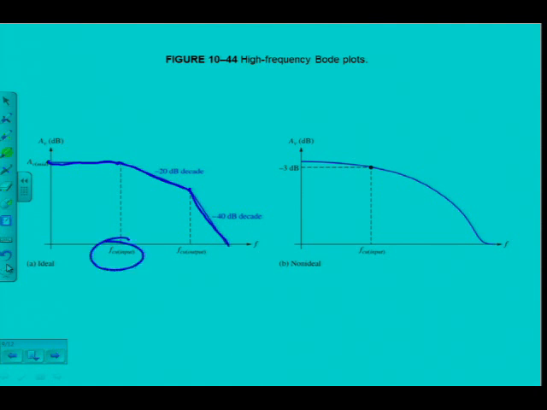Remember, the upper critical frequency is determined by the lowest of the two. Mid-range, minus 3 dB. Okay? And of course, as I said, up to there is the mid-range value. So the amplifier is not influenced. Then we neglect the capacitances because they don't have that big an influence.